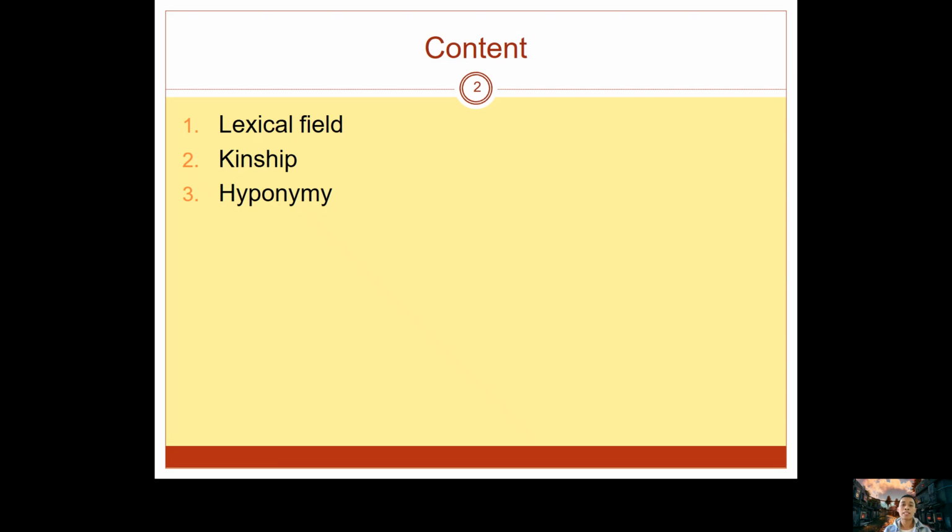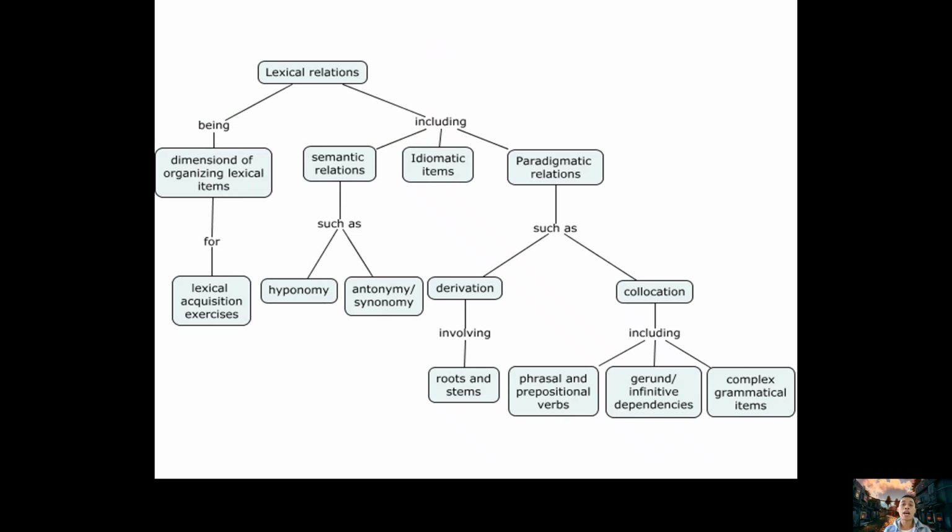This is my subtopic about lexical fields, kinship, and also hyponym. But before that, I will explain about lexical relations. This is the chart of the lexical relations that we will learn. Lexical relations are two dimensions of organizing lexical items.